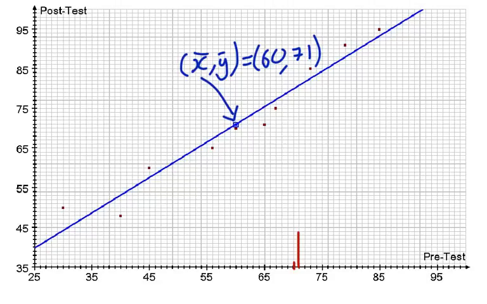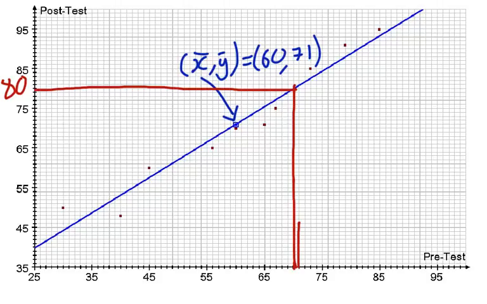We go up, oh, missed the line, we go up there until we hit the line, and then we go across from there until we hit the axis, and we see that that is hitting 80. So we would estimate that the student who scored 70 in the pre-test would score 80 in the post-test.